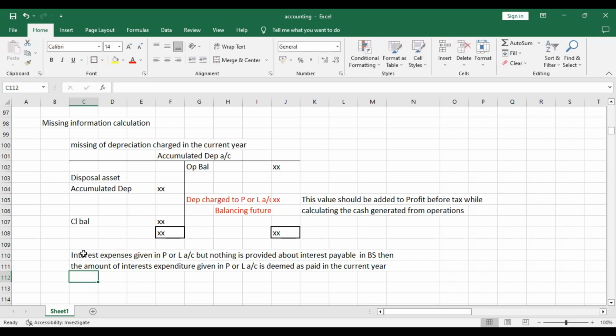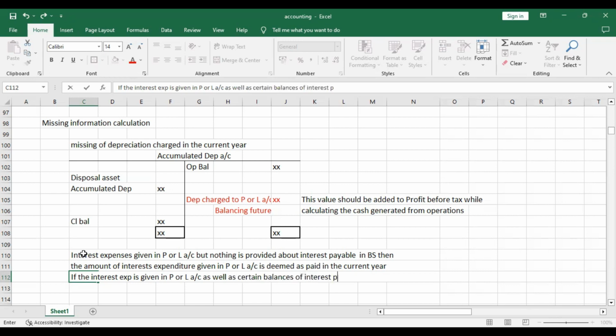But if the interest expenditure is given in P&L account as well as certain balances of interest payable given in balance sheet. Suppose interest expenditure as per P&L account is, say, 4,500.